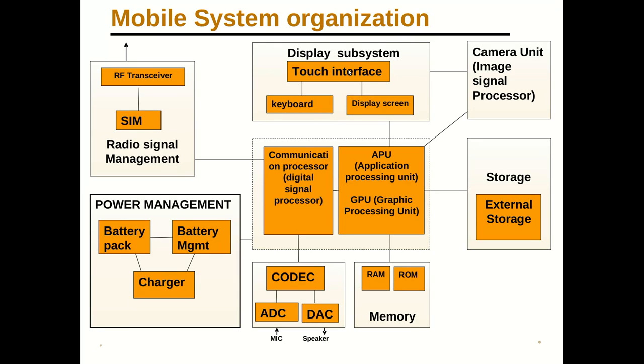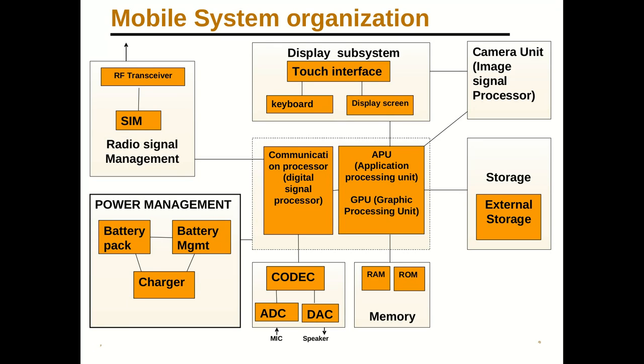Another section is the display subsystem, which consists of a touch interface which provides you a keyboard and a display screen. Another subsystem is the processor part of your mobile phone, which consists of two basic units.